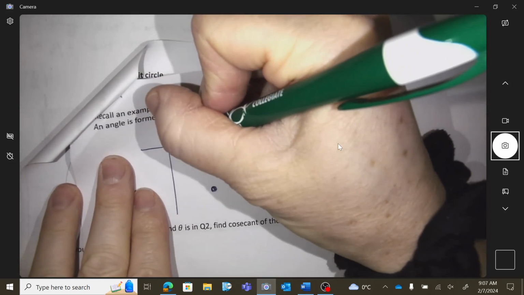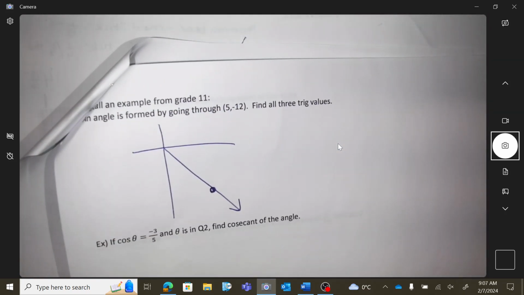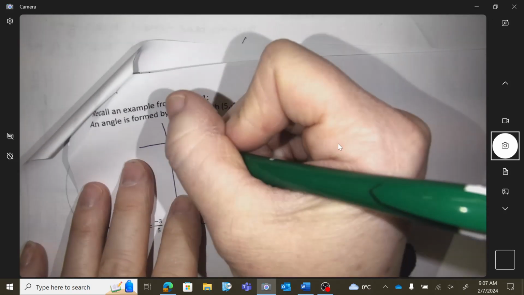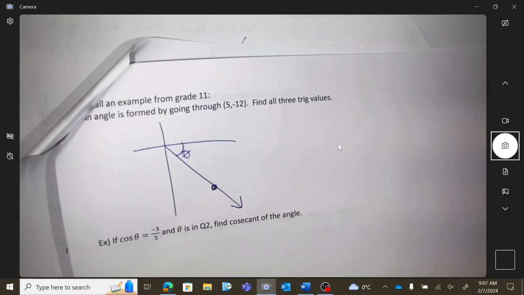And then there's an angle that goes through that coordinate. And do you remember when we always talked about angles last year? We were always connecting them to the closest x-axis, always, right? Remember that rule? When we do angles, always closest x-axis.